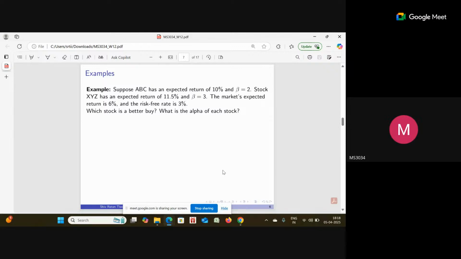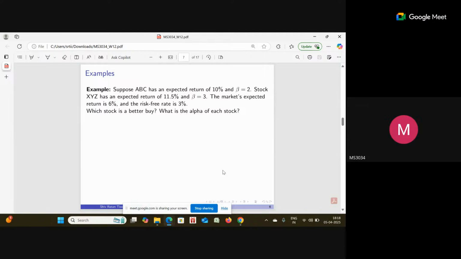Now the question asked is about evaluating these two stocks: which are worth investing, which stock is a better buy, what is the alpha for both the cases, and which stock you should go for purchasing. So how do we solve for this?